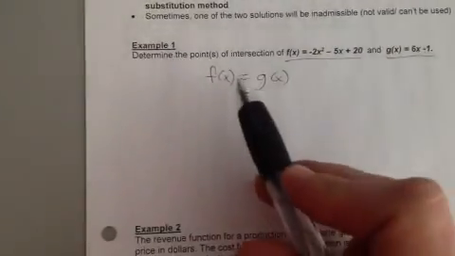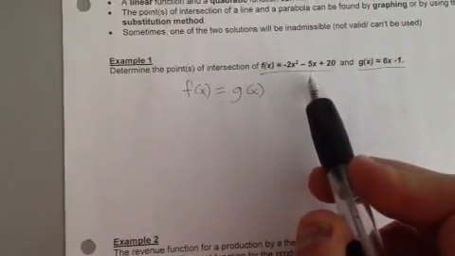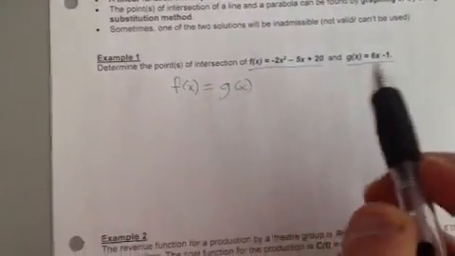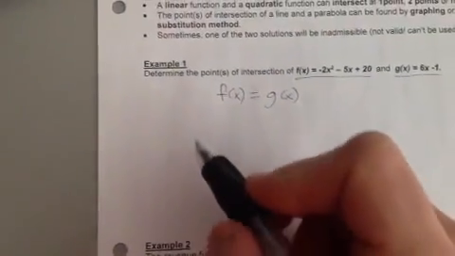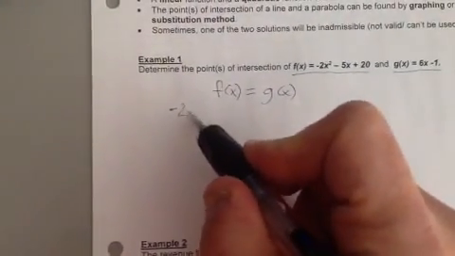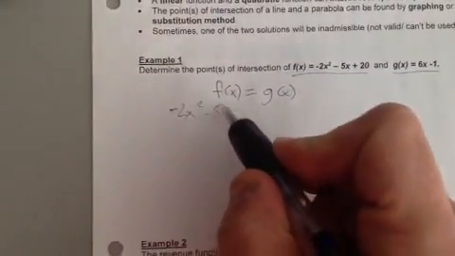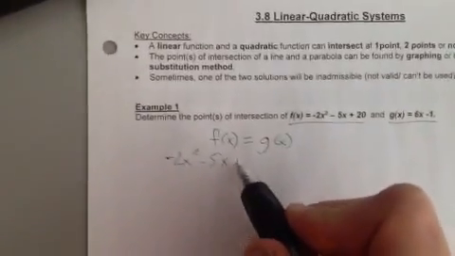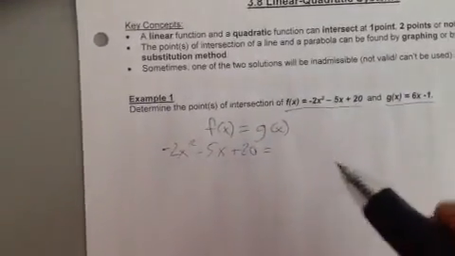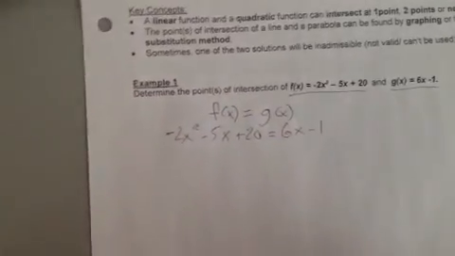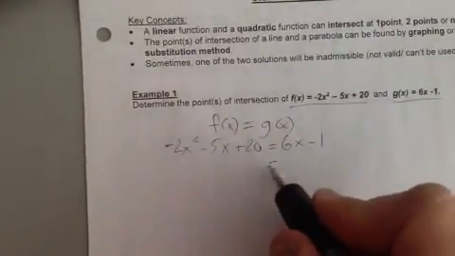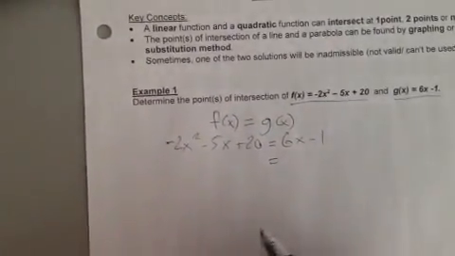So now on this side of the equation, I'm just going to plug in this stuff, and on this side I'll write that stuff there. So f(x) is the same as negative 2x squared minus 5x plus 20, and that's equal to g(x), which is 6x minus 1. Now, to solve this, all I have to do is bring everything to one side, equals 0, just like a quadratic.